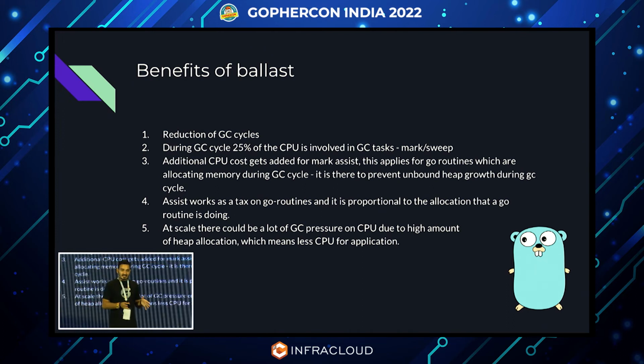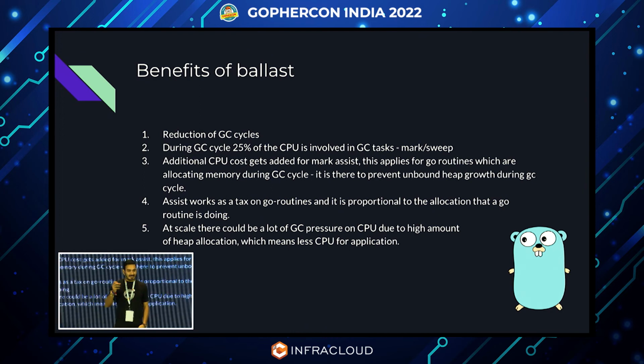The GC assist tries to assist in the mark phase of mark and sweep, and the work that a Go routine has to do depends on the size of the allocation. So GC assist works like a tax.